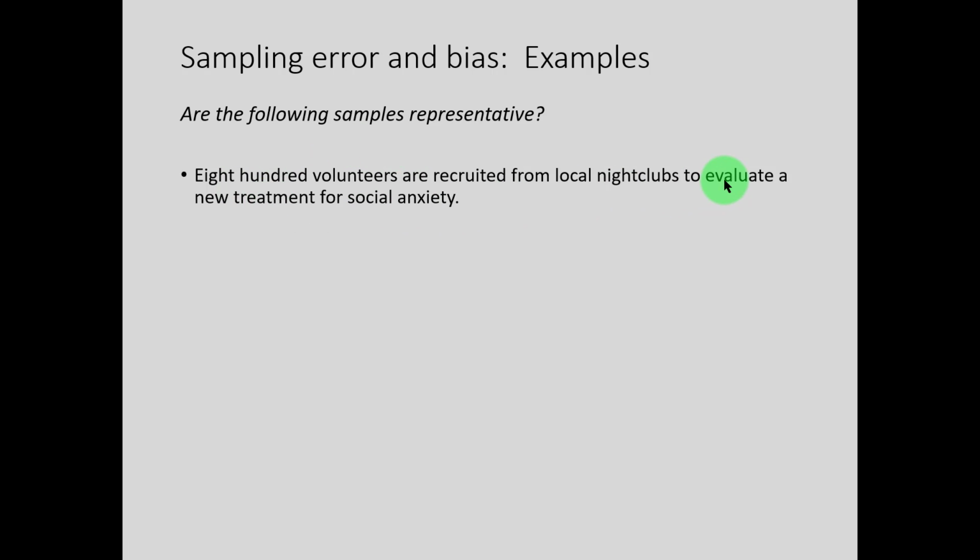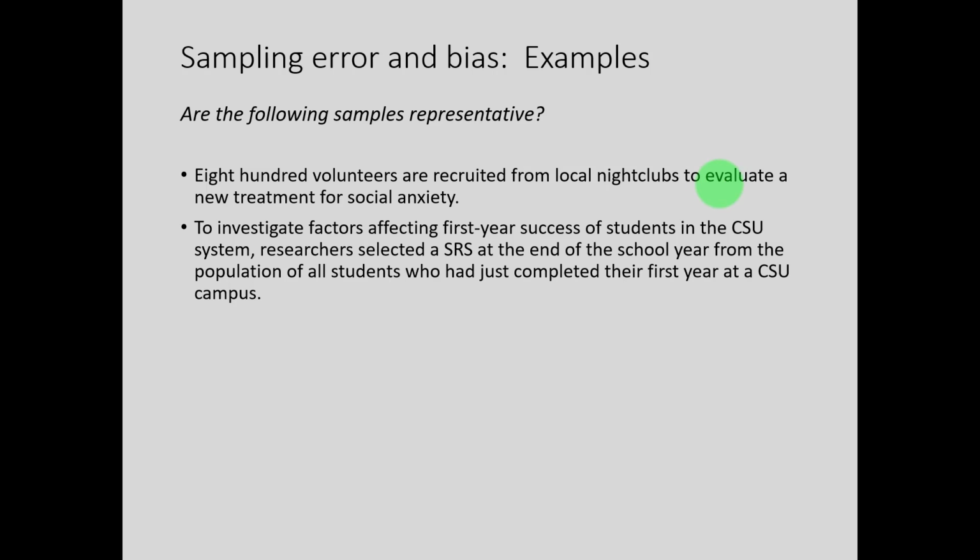Let's look at another one. To investigate factors affecting first-year success of students in the CSU system, that's you, researchers selected a simple random sample at the end of the school year from the population of all students who had just completed their first year at a CSU campus.